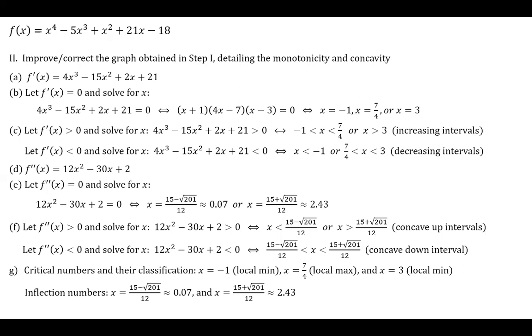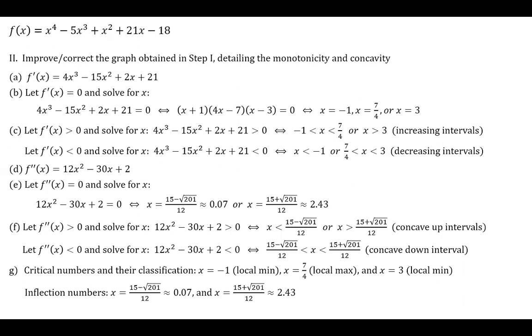Then let's check the concavity that is related to the second derivative. First of all, in step D, we find its second derivative, which means f double prime of x equals 12x squared minus 30x plus 2, right? And this time we have a quadratic equation, which makes it very easy to find its zeros and any interval that is greater than 0 and less than 0, right?